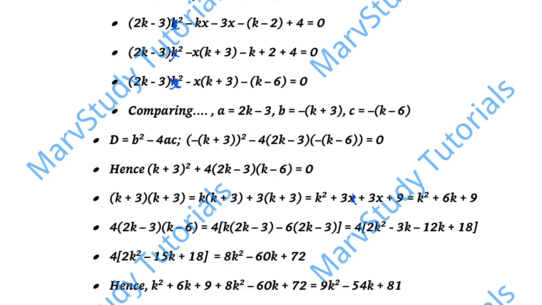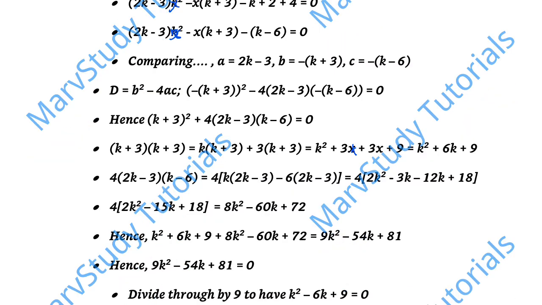So we then have 9k² − 54k + 81 equal to 0. If you look at this equation, you can see that 9 is a factor of every single element. So we can divide through by 9. 9 into 9 is 1, −54 into 9 is −6, and 81 into 9 is 9. So we have k² − 6k + 9 = 0.